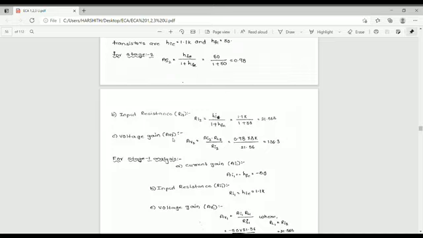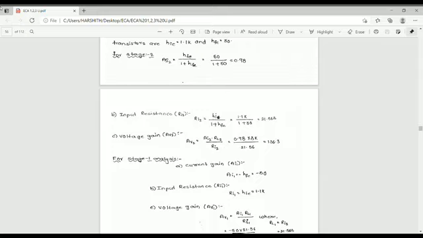The overall input resistance Ri is Ri1 in parallel with R3 and R4, which becomes 286.1 ohms. The overall voltage gain AVS equals V0 by Vs, which is AV times Ri by Ri plus Rs, giving minus 66.35.